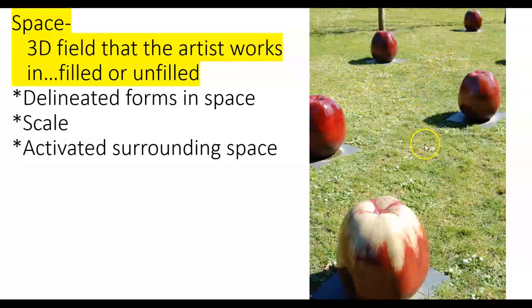But when you walk through here, or even if you're looking at a distance, you get the sense that this whole area is part of the artwork. The artist wanted these pieces separated in a certain way, and that's how it's viewed. The artist made the decision about that. So this is activated surrounding space.